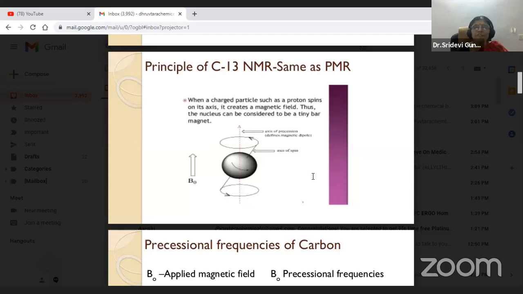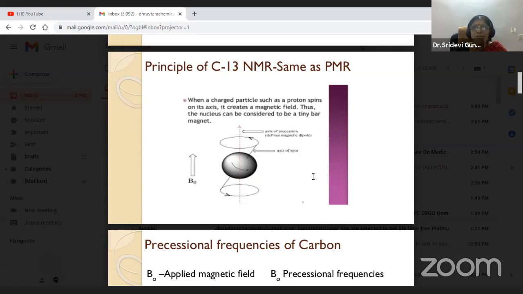So that means how many nuclei are contributing to the magnetic moment here? Only one. If you have 2 million molecules, 1 million will be in the lower energy state, and 1 million will be in the upper energy state. Just as an example, I am taking 2 in 2 million. So the magnetic moments of these 1 million nuclei will get cancelled.